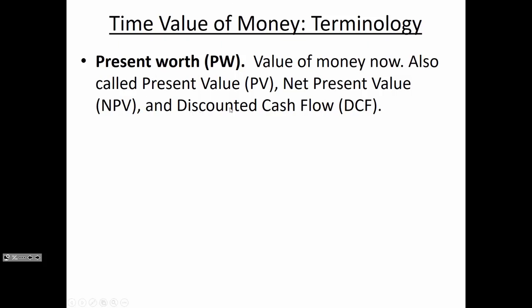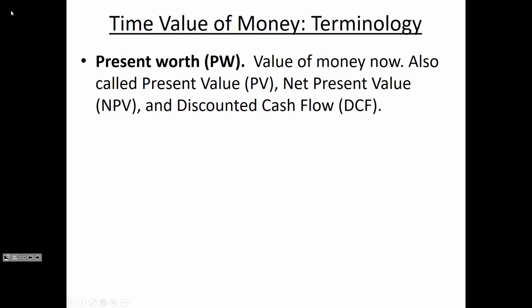I won't typically talk about discounted cash flow, but we will sometimes phrase the amount of money today. We'll sometimes call that the present value or the present worth. Sometimes we'll convert future amounts into its present equivalent. And so, for instance, we'll say $500 10 years from now is worth how much in today's terms.